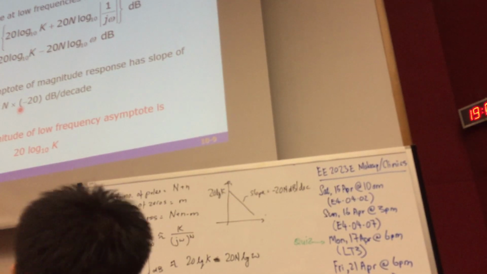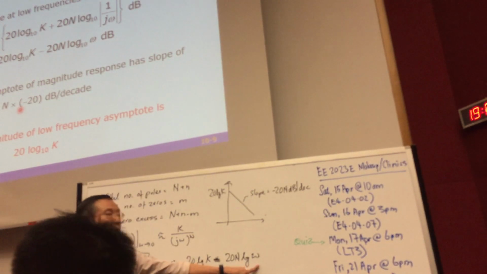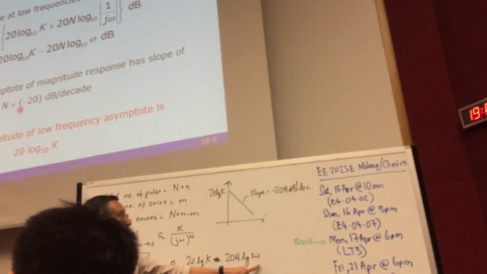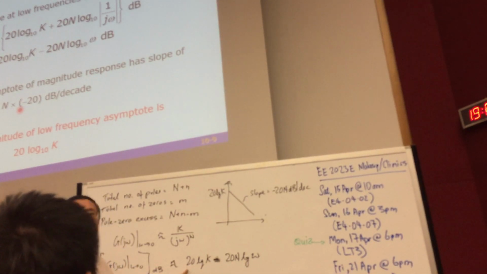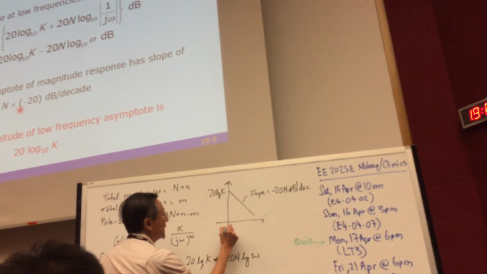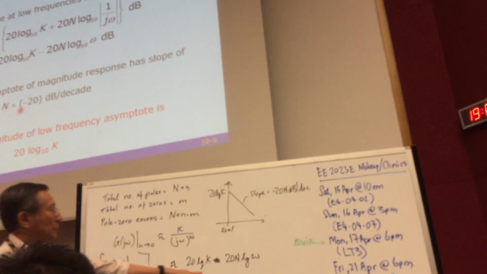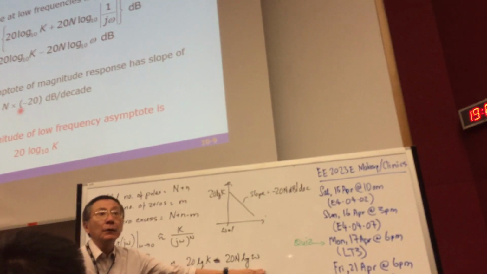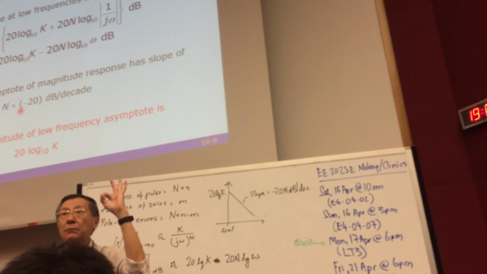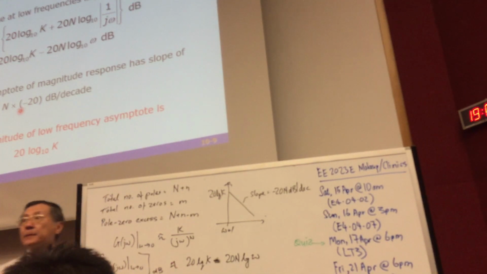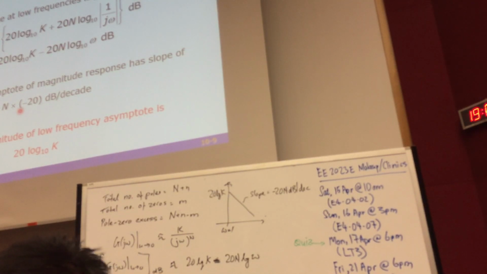Also notice, when omega equals 1, you have 20 log k, because 20 N log 1 is 0. You're only left with this. We will use all this afterwards because we have an example later, then it will make sense.